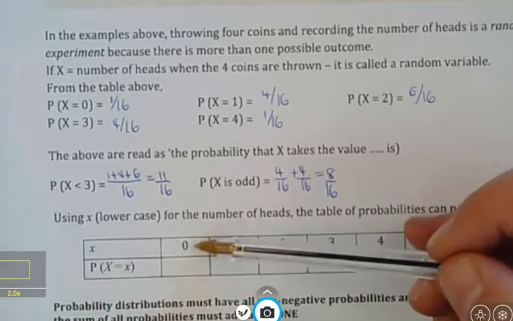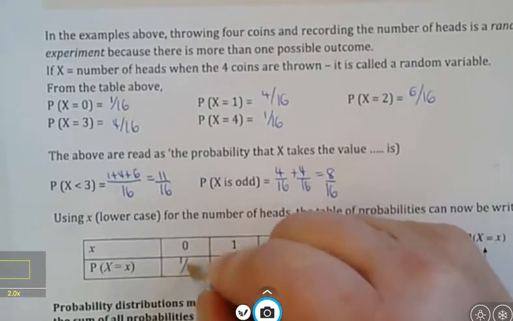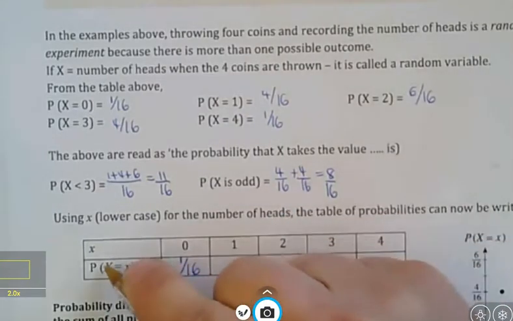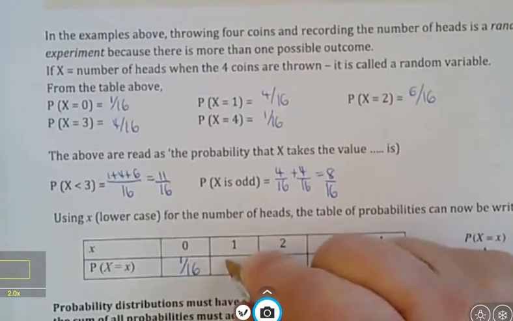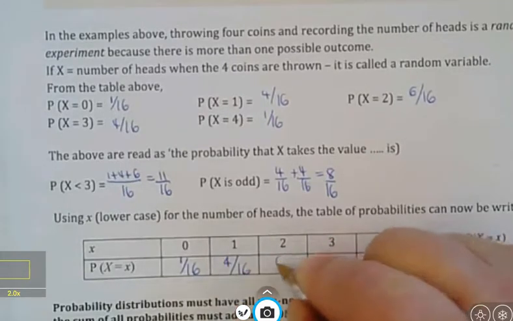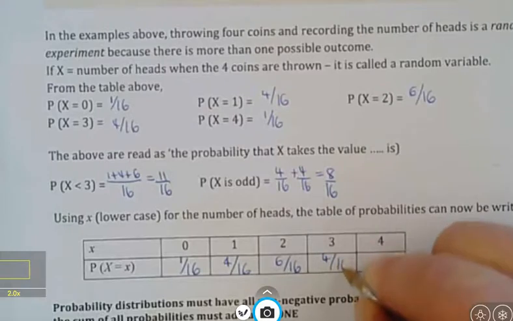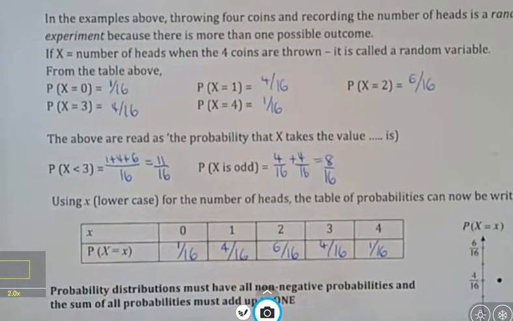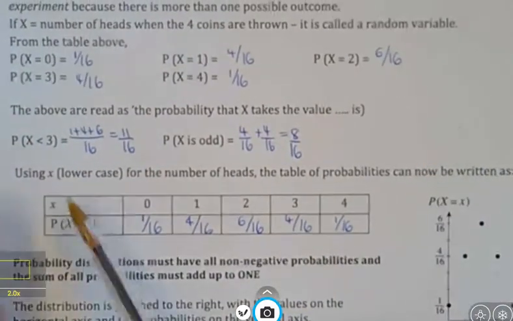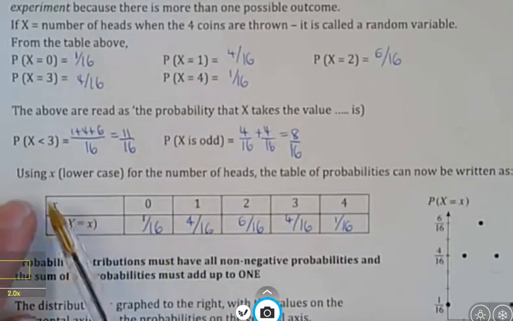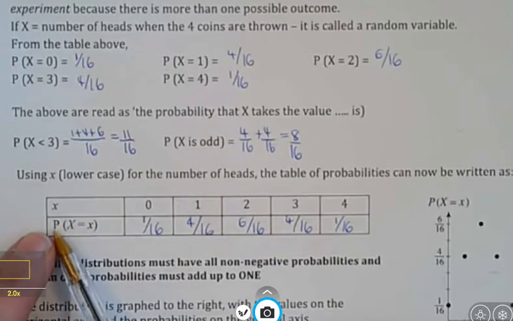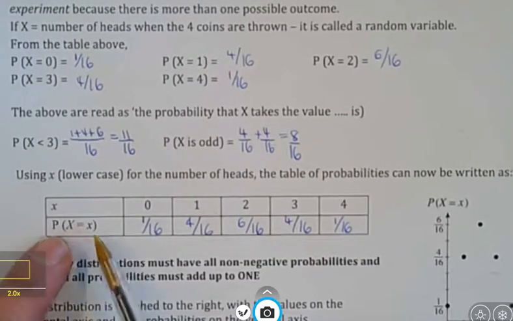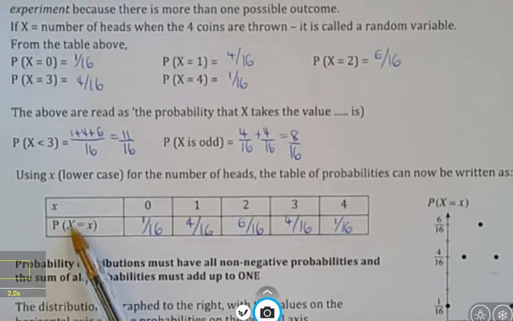The probability that X is 0 is 1 on 16. The probability that X takes on the value of 1 was 4 on 16. The next one was 6, then 4, and then 1. So the main thing here is that we know how to write out our probability distribution like this: little x and capital P bracket capital X equals little x, the probability that my random variable will be whatever little x is in the row above.